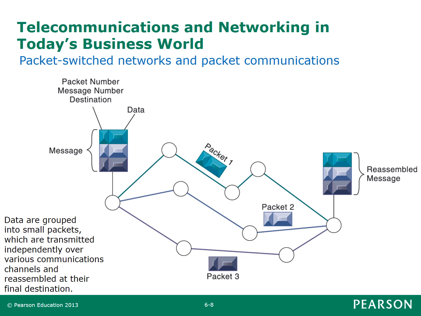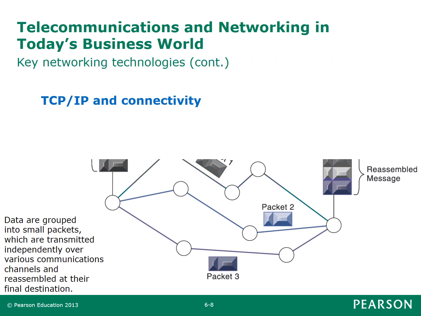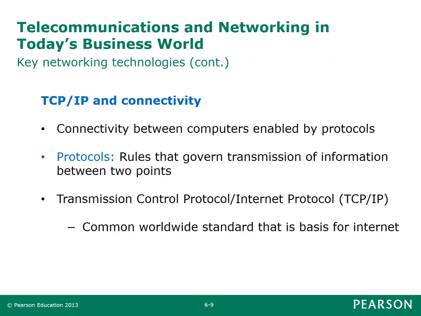Obviously, the packets land at the destination at different times, and so in a different order. Based on the packets' identification numbers, the message is then reassembled into the original message.